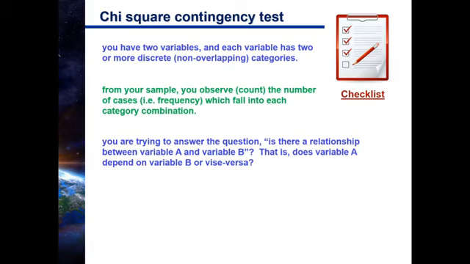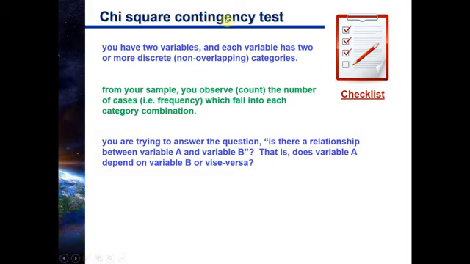Or in the second version of the test, you were asking, are my categories distributed the same way as some other distribution? Here, with the contingency test, we're asking the question, is variable A dependent on variable B? In other words, is there a relationship between my 2 variables?